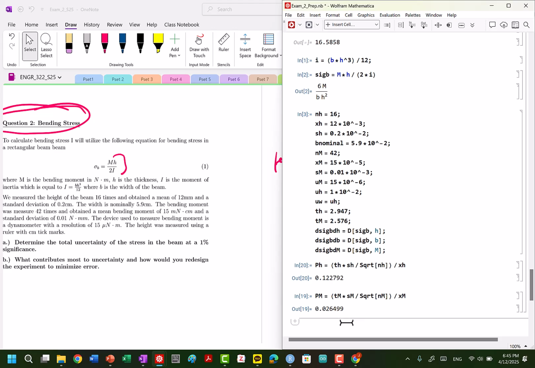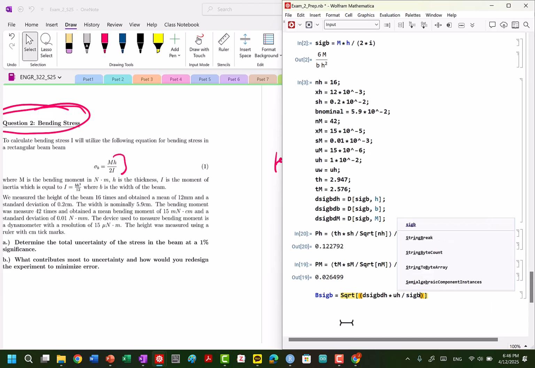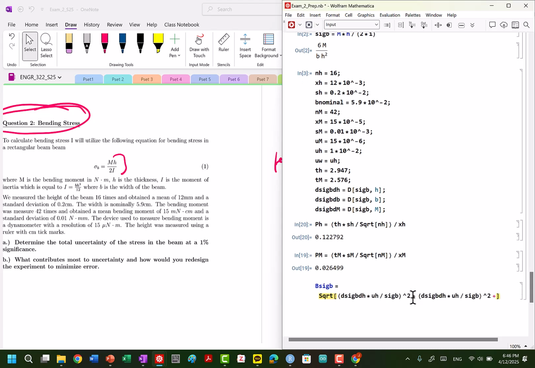All right, the bias error in sigma b is going to be equal to the square root of the sum of squares: d sigma b dh times the uncertainty in h, divided by sigma b, squared, plus the same terms for the others.